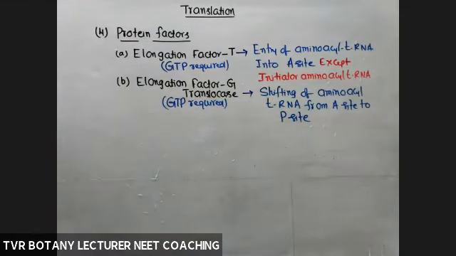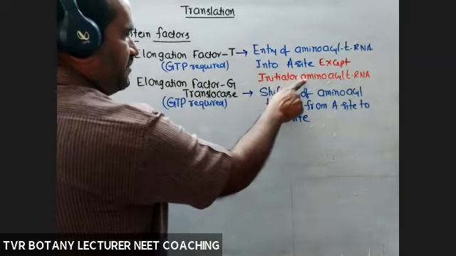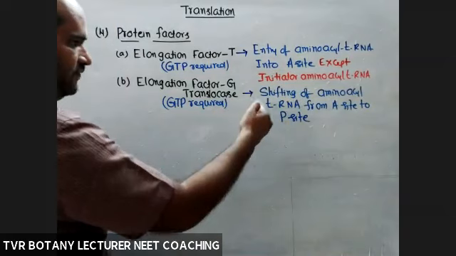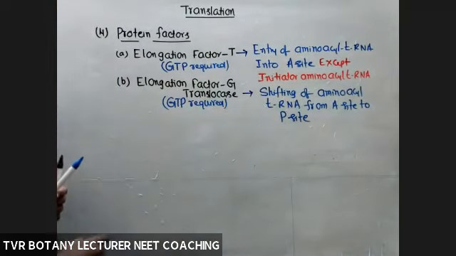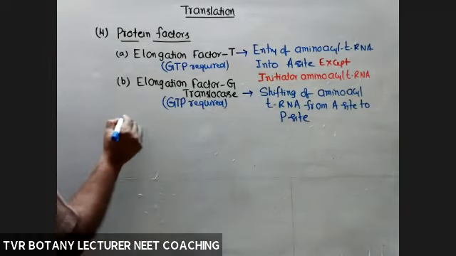For all except the initiator amino acyl tRNA, the shift is from A to P site. We will discuss that mechanism at the time of translation. Just remember the role of that one.